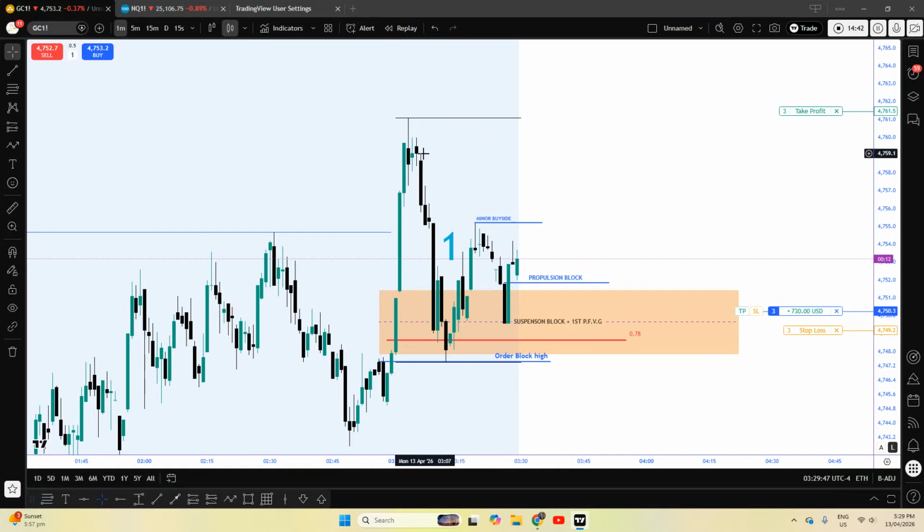Once it's gone back up here, there's this small volume imbalance here. I'm keeping an eye on that small volume imbalance.